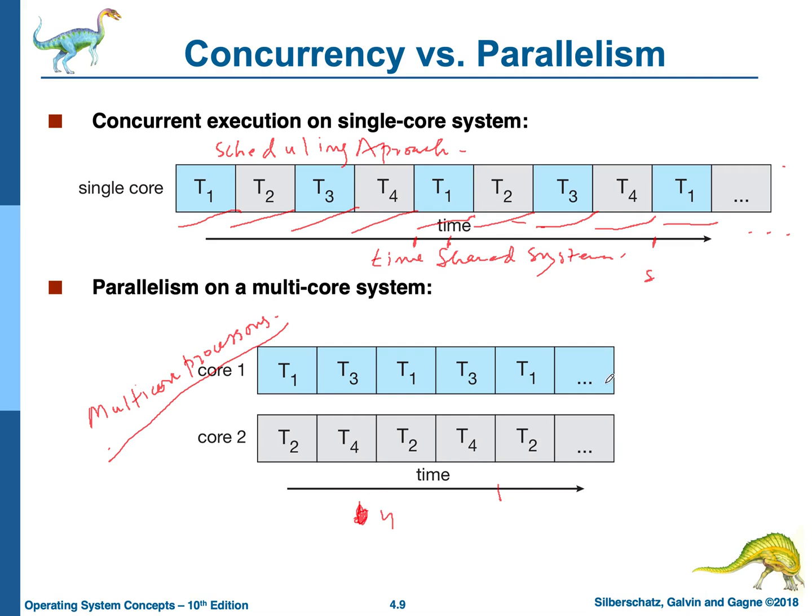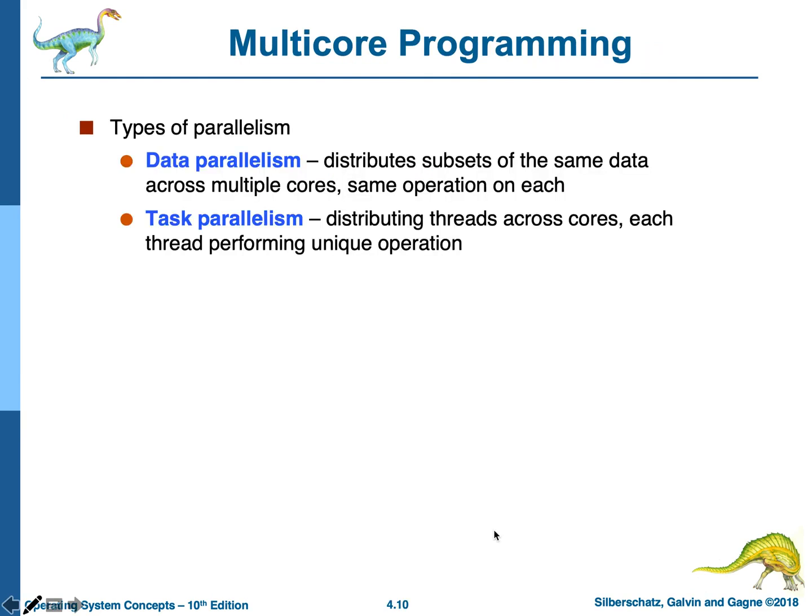So if this takes 8 seconds to complete, then using the multi-cores we can complete this in 4 seconds. So this is the main difference between concurrency and parallelism, where the multi-core systems are desired for fast processing and efficient resource utilization.